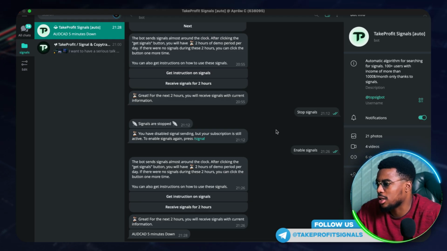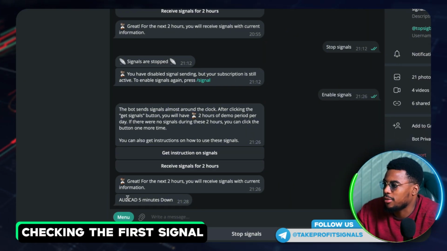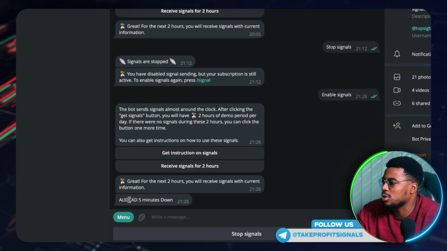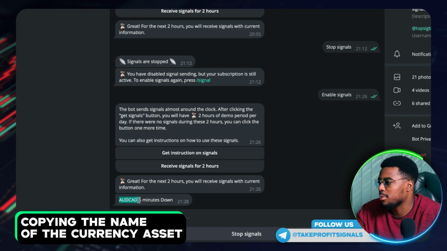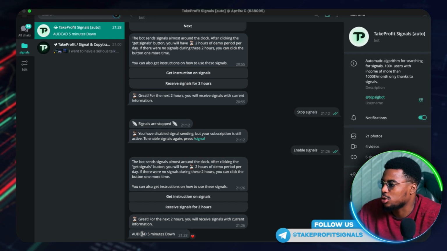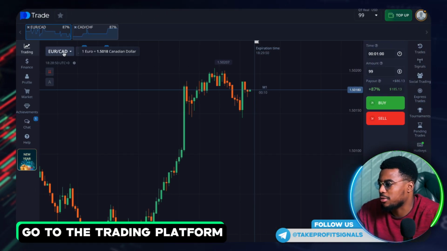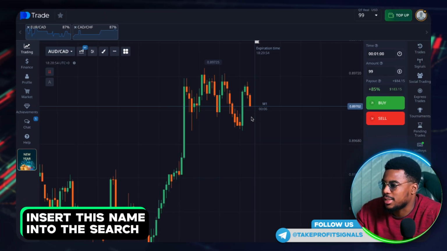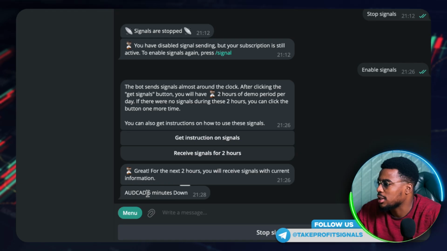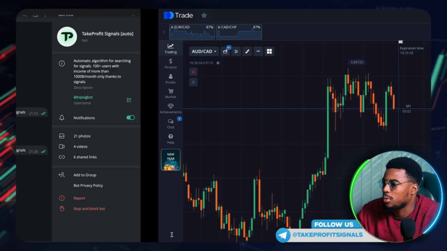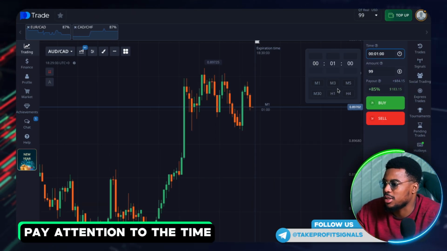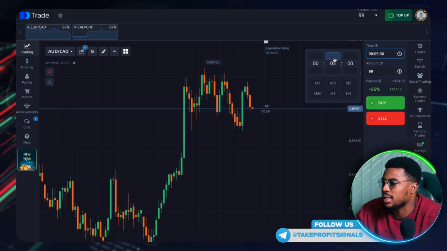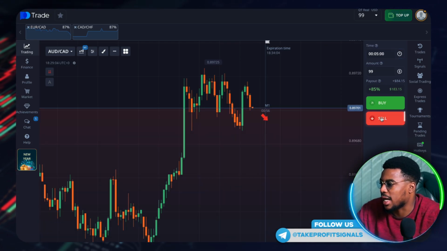So the first signal comes literally after a few minutes. The first thing we do is copy the name of the currency asset on which we will trade. Go to the trading platform. In the search, insert this name and choose the currency pair. We have a signal for 5 minutes on the downside, which means we set the time here.